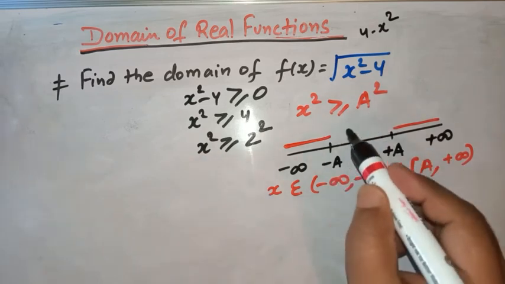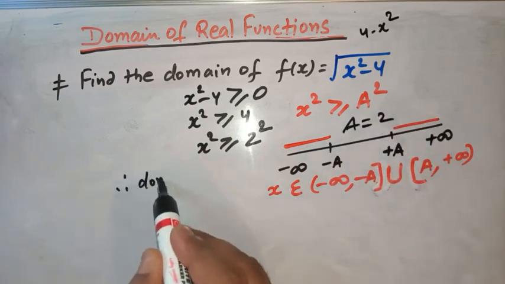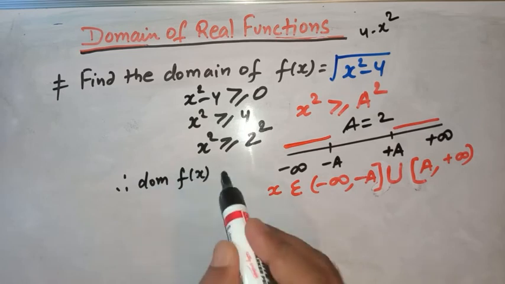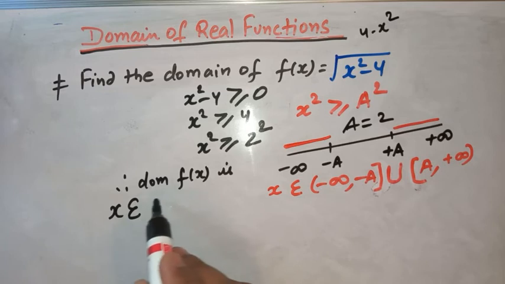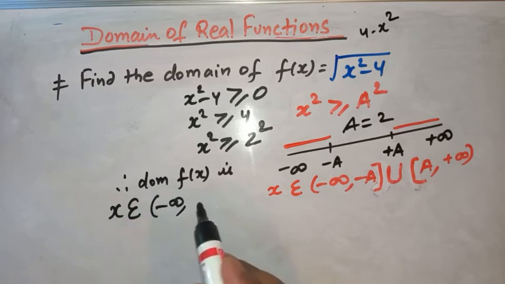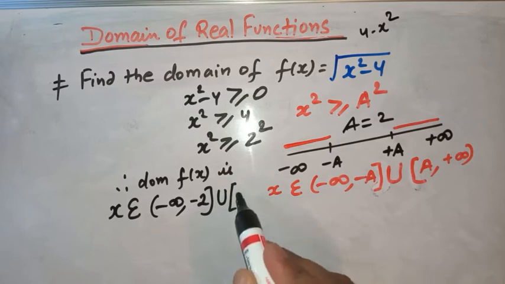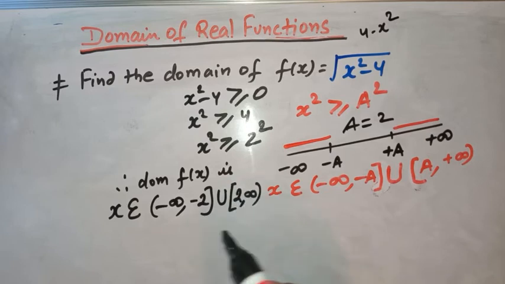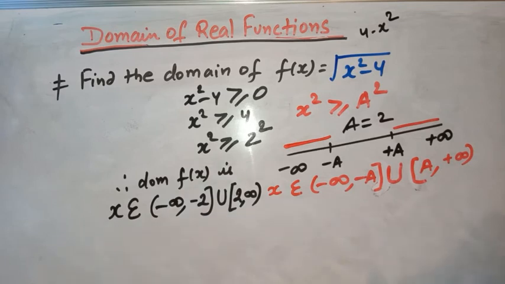So here a is equal to 2. Therefore the domain of f(x) is x belongs to minus infinity to minus 2, union, and then 2 to infinity. Clear? So this is the required domain of f(x).